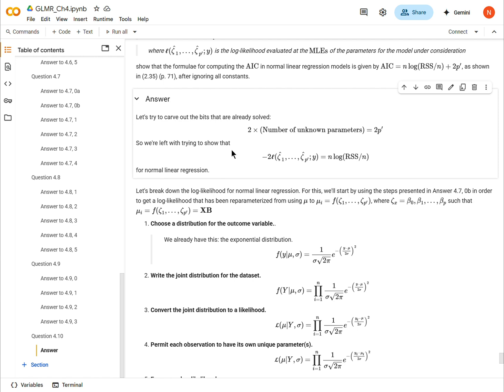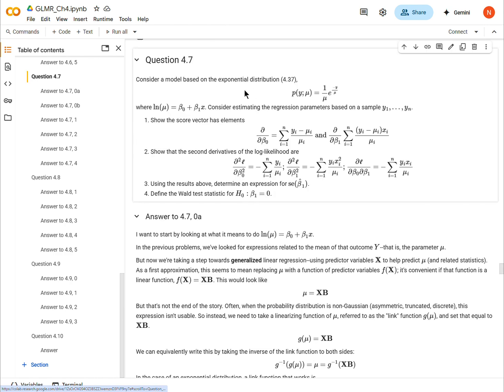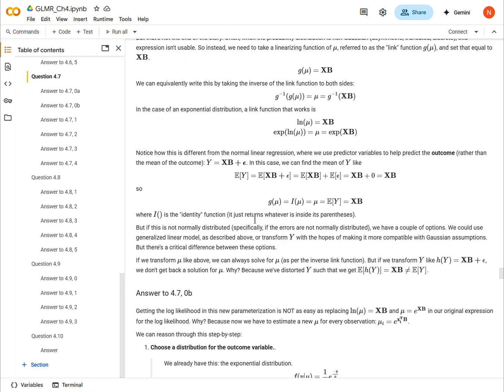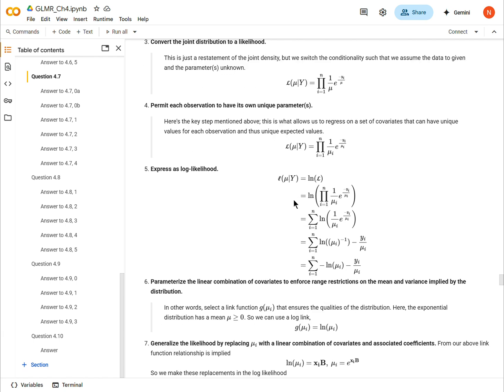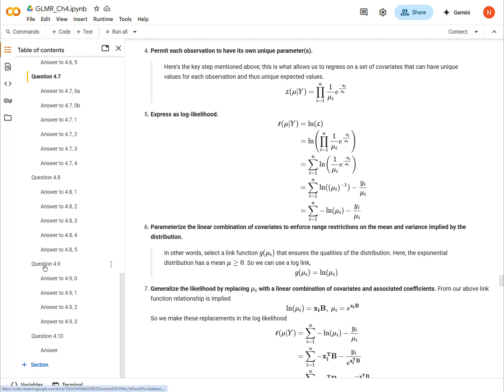All right. So the way that I approached this was first to get an expression for the log likelihood when we are parameterizing the mu parameter to include some predictor variables. We did that starting, I think, in question 4.7, where we went through some particular steps, and then did it again in 4.8 and 4.9.